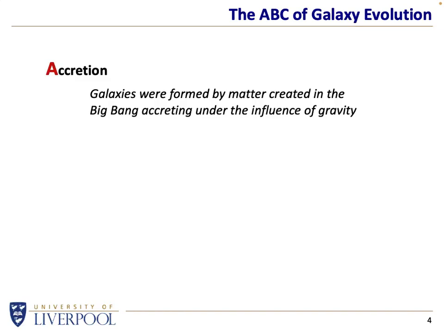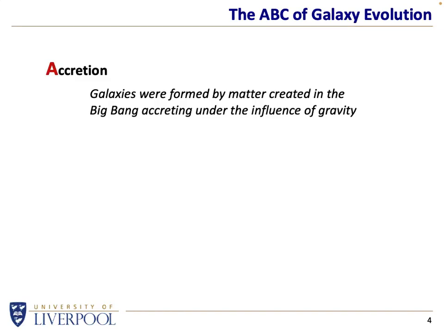All the hydrogen that's been burning in stars for the last 13.8 billion years was made in the first 3 minutes of the Big Bang. That hydrogen has been dispersed throughout space, and ever since, gravity has been accreting all of the gas that's out there, forming stars and forming galaxies. So A is for accretion, or if you prefer, accumulation of matter under the influence of gravity.